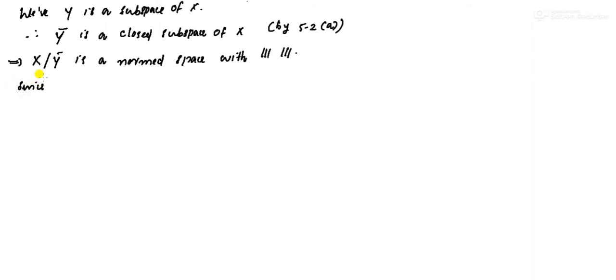Since a does not belong to Y closure, the coset a plus Y closure is not 0 in X over Y closure.